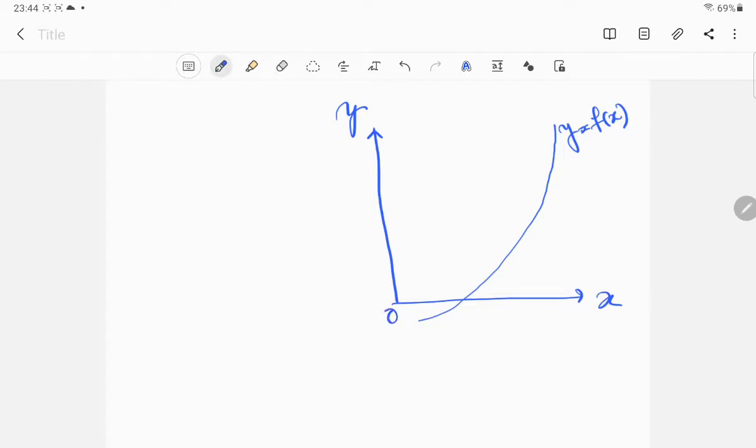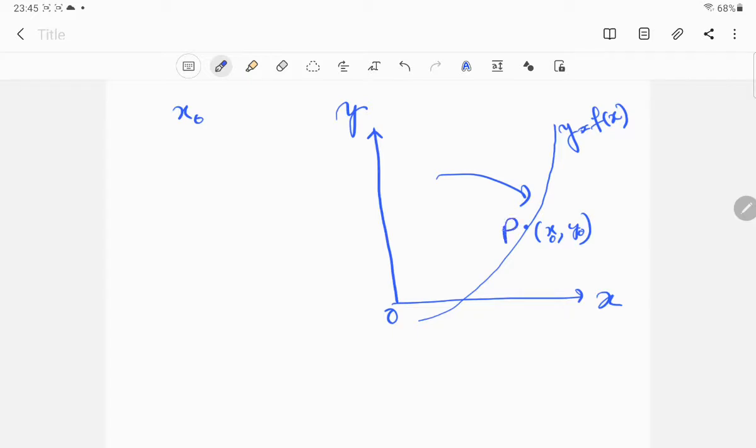Fine. Since we have considered the approximate root of the equation to be x naught, see this: if I consider any arbitrary point here, it will be something like (x, y). So if the approximate root is x naught, then x naught should also be a point on the curve, so it should be (x naught, y naught).